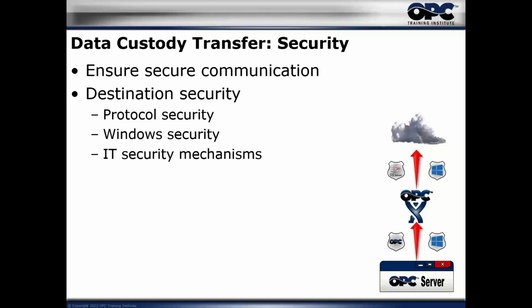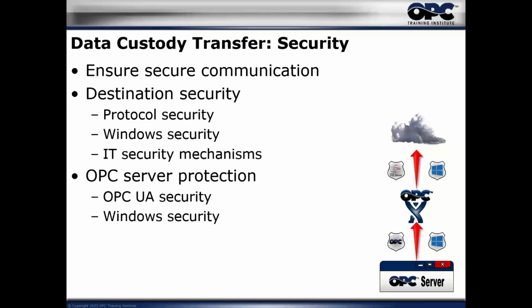For example, whether we're using MQTT to send the data, or with the destination, for example, Amazon, Azure, SQL Server, they all have their own security. So there is SQL authentication, for example, or whatever it is you have. And IT has their own security mechanisms. Maybe you're using VPN. So all of that is the security that you get.